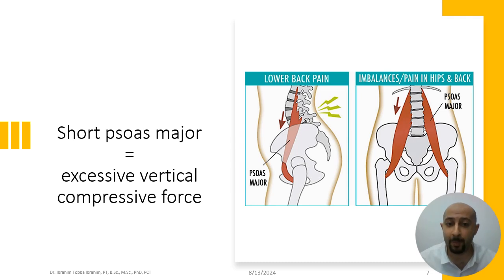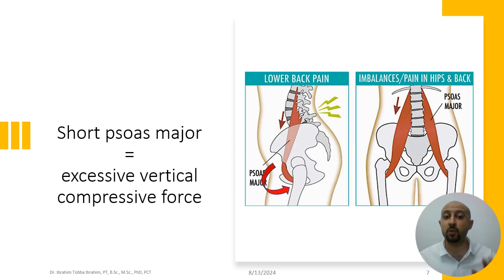What's abnormal is shortening of the psoas major. There are many causes to it, which is not our topic right now, but the end result is shortening of the psoas major muscle. It will produce excessive compressive force. The compressive force will gradually weaken and damage the disc wall, stretching it, and eventually producing a tear. This patient will have back pain that increases with standing.